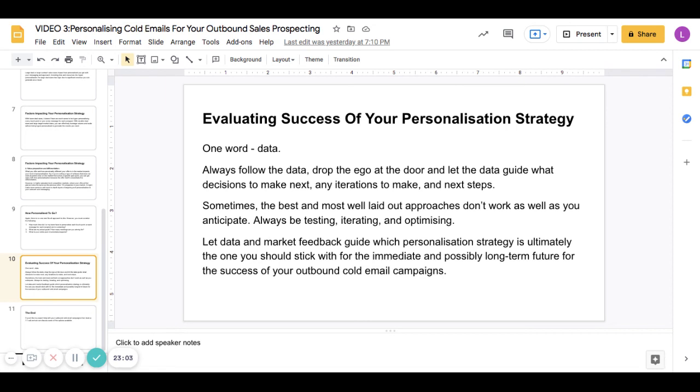When it comes to evaluating your personalization strategy, data and market feedback is really going to guide your decision making in terms of your ability to generate consistent and predictable sales opportunities and sales meetings from your outbound cold email prospecting campaigns.